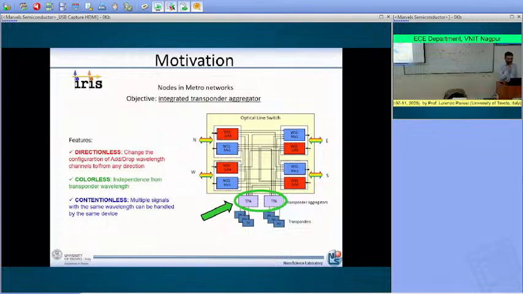And the objective of this project was to develop what is called an integrated transponder aggregator. So here the idea is to have something that is able to change the configuration in any direction, so it can use any wavelength and can avoid contention on the circuit.